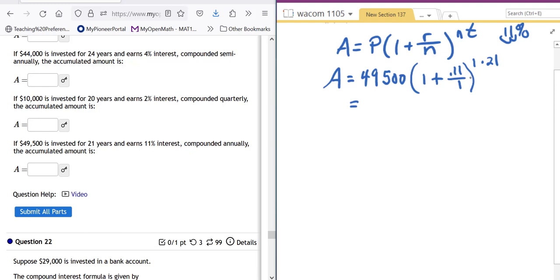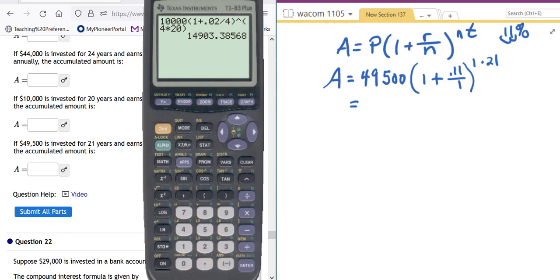All right? So I would go ahead myself and I would do the 1 times 21 is going to be 21. I would work this out, 0.11 divided by 1, and I get the same thing back, plus my 1, and that finishes my parentheses.